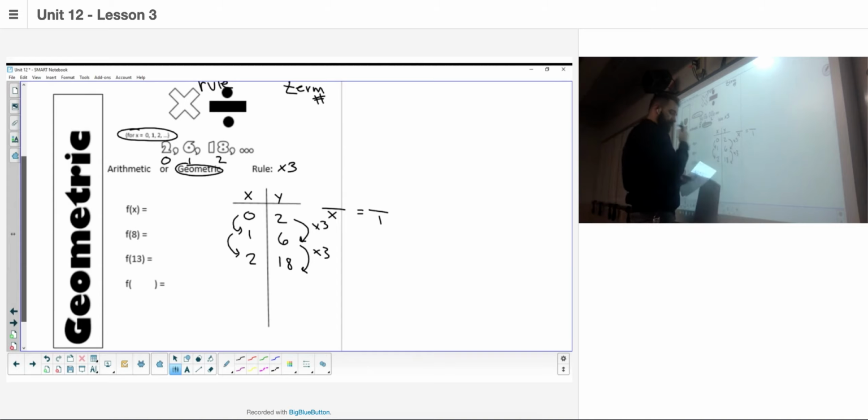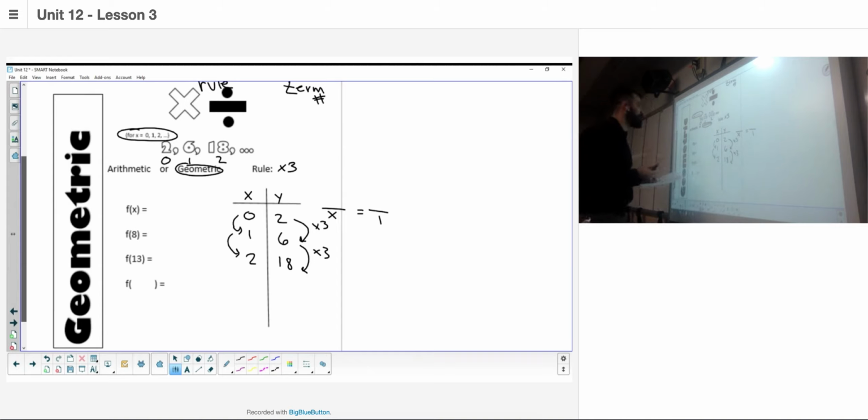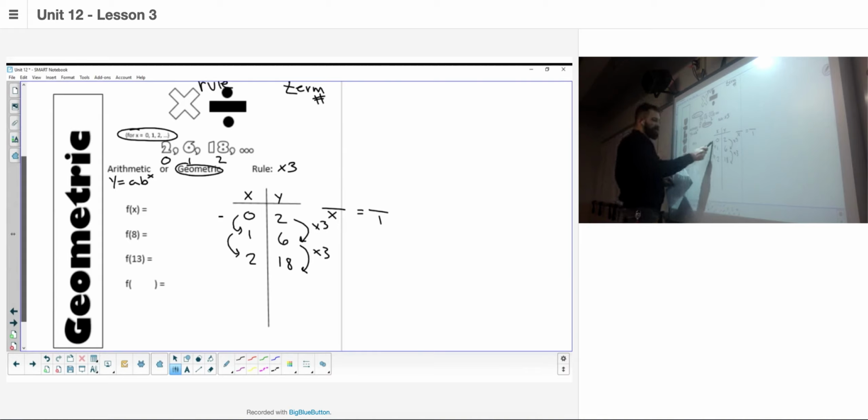So let's check our equation then. We want to replace our terms in y equals ab to the x power. And remember, f of x is just the same as y. Our a is our term 0. What is our term 0 in this case? That is 2.